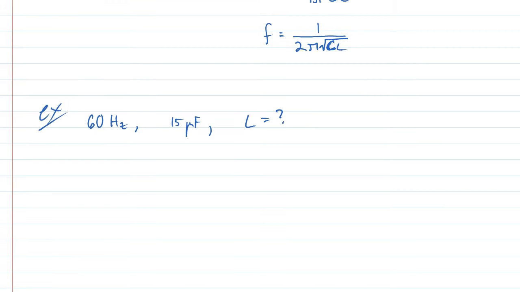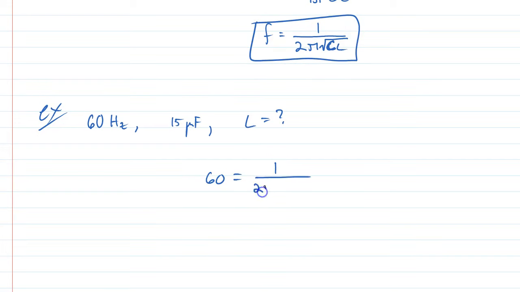Well, we're going to use this equation and plug in what we know. This would be 60 equals 1 all over 2 pi square root, and inside the square root we will put 15 times 10 to the negative 6 times L. That's what we need to figure out.